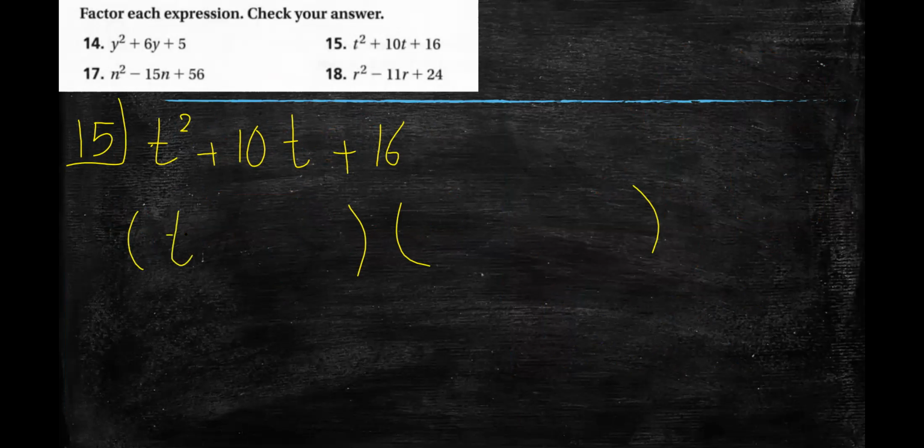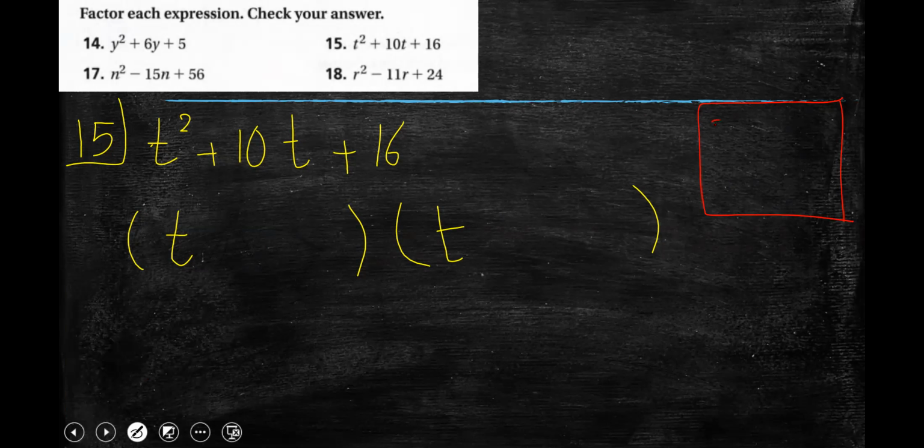One of the t's is here, and the other t is here. And after that, I will look at the constant c. I will ask myself, what are two numbers that if I multiply them, I get 16? 8 and 2.